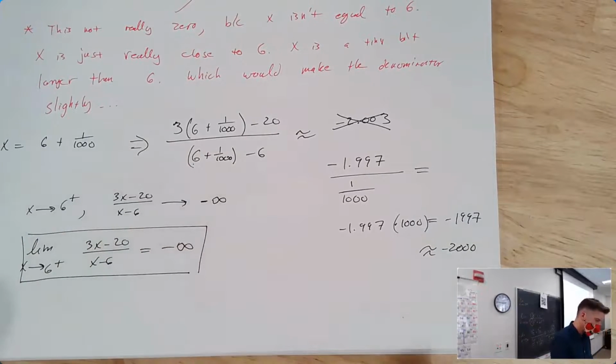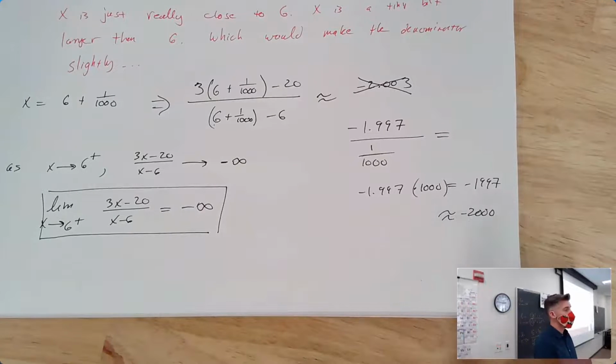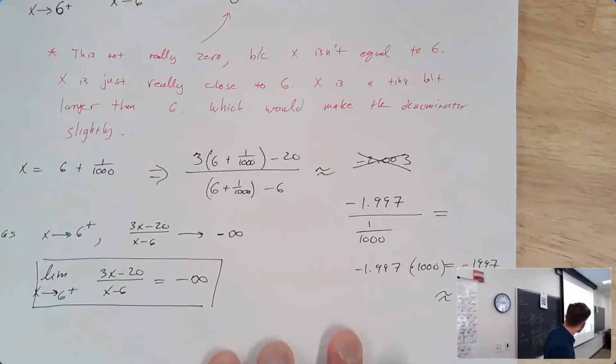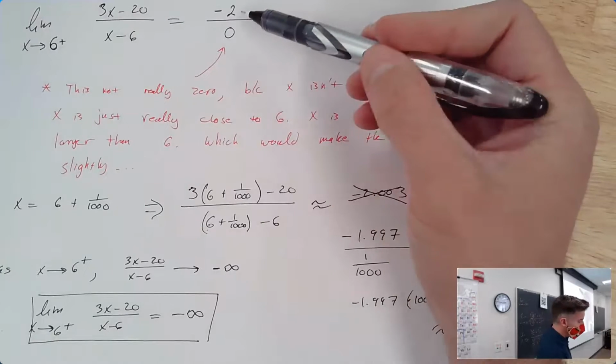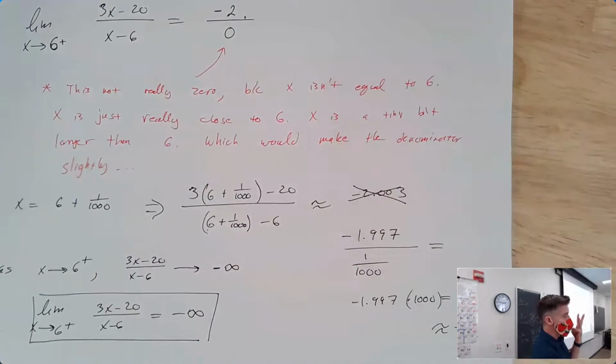And here's how this usually works. If we have a limit and we plug it in, sorry, let me write this down. If we get a 0 in the denominator and a non-zero number in the numerator, we know our answer is going to be one of three things.